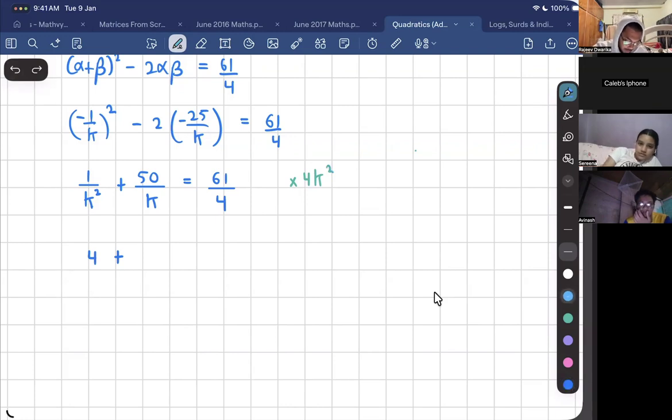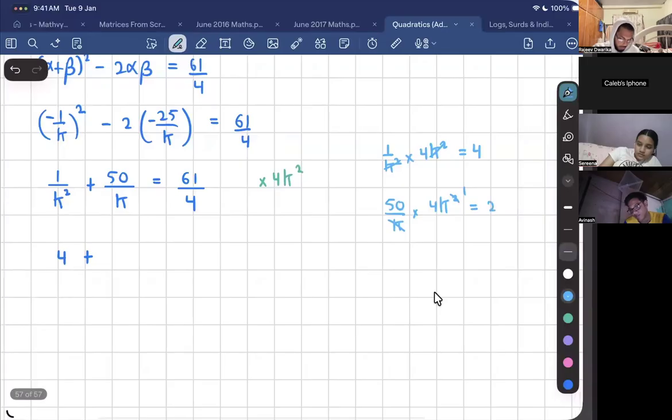Let me not skip any step, any working, because I feel like I'm confusing you. So 1 over k squared multiplied by 4k squared. The k squared and the k squared cancel off. Bam, 1 by 4 is 4. Then we have 50 over k multiplied by 4k squared. Avinash, as you can see, one of the k's here is going to cancel off with one of the k's here. We have 50 by 4, which is 200, so 200k.